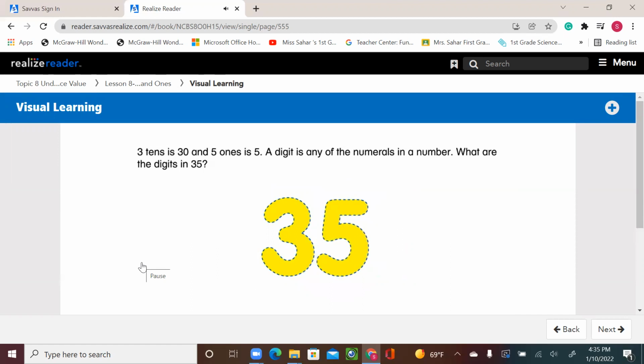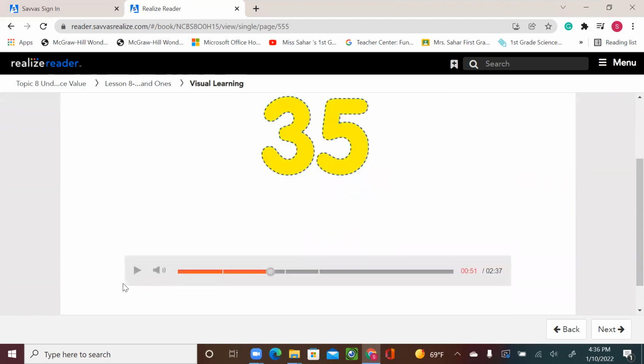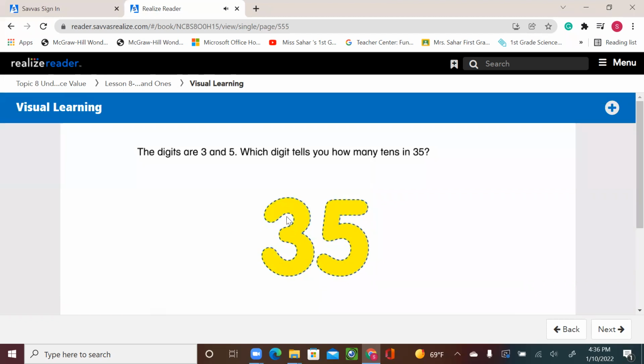A digit is any of the numerals in a number. What are the digits in 35? 3 tens and 5 ones. So the digits are 3 and 5. Which digit tells you how many tens in 35?